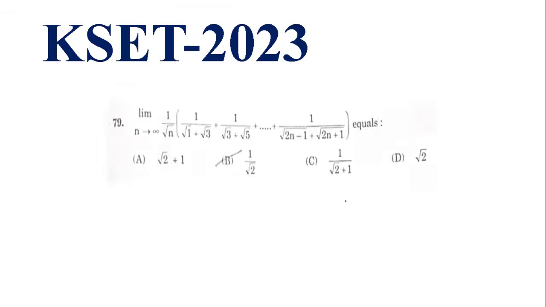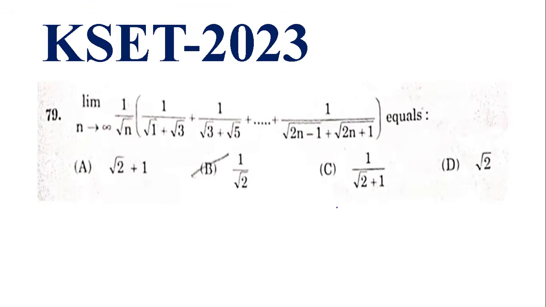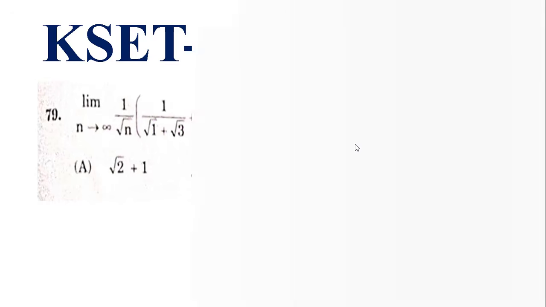KSET 2023 question. Limit n tends to infinity 1 by root n into (1 by root 1 plus root 3, plus 1 by root 3 plus root 5, plus and so on plus 1 by root 2n minus 1 plus root 2n plus 1) equals. See, limit n tends to infinity 1 by root n.